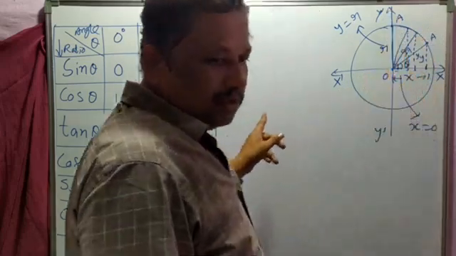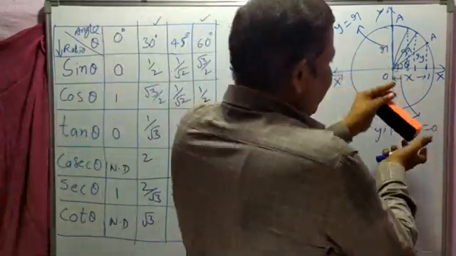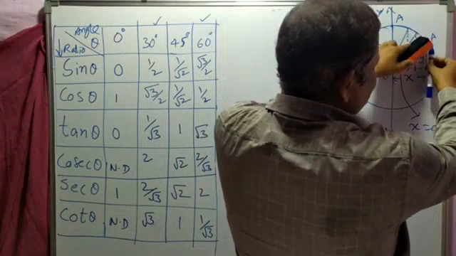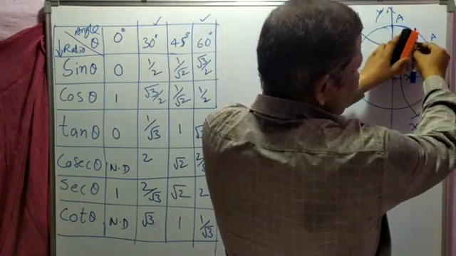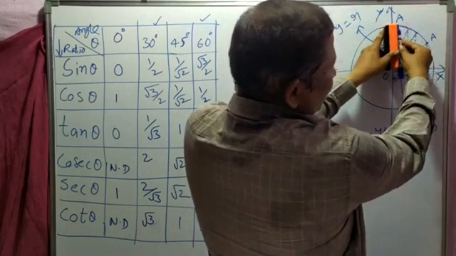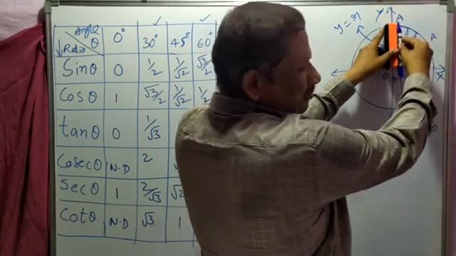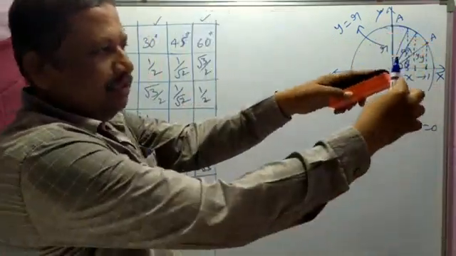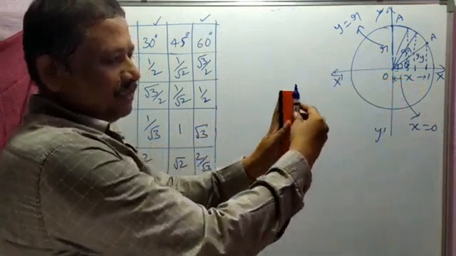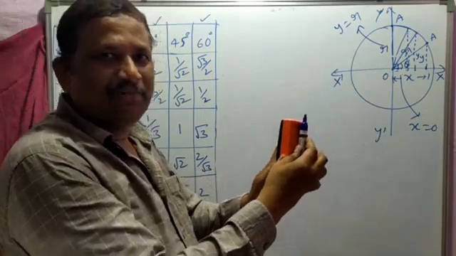How does that happen? You see this angle; as it gradually increases, y increases and x decreases. Finally, y coincides with OA and x becomes 0. The x value becomes 0 and the y value becomes maximum, that is, equal to the radius vector r.